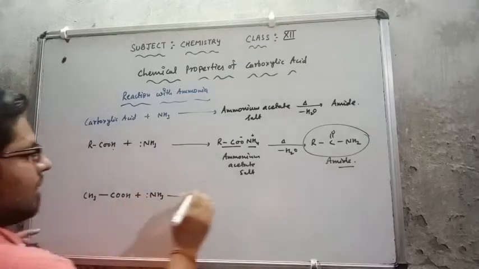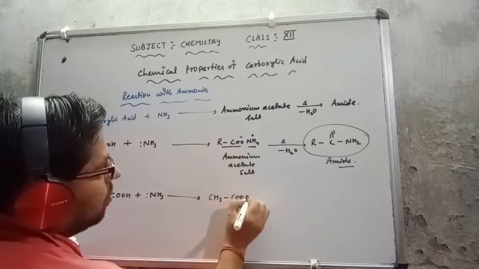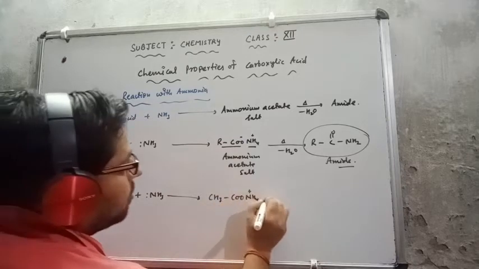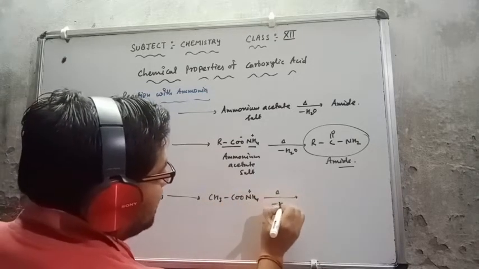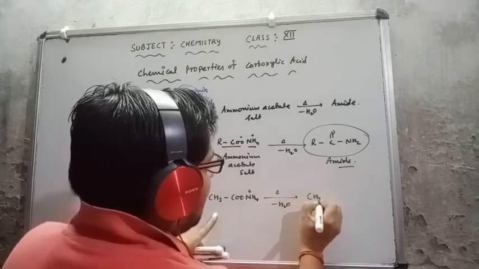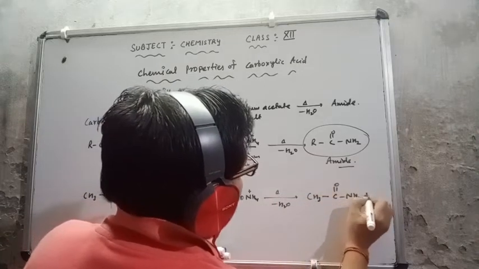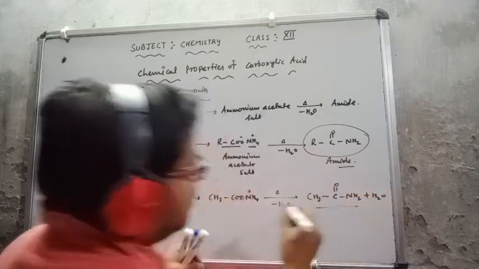So in the place of R, CH3 C double bond O NH4 positive, then we have to heat it, the water molecule is eliminated, H2O is released. I am getting CH3 C double bond O NH2 plus H2O. So this is the amide.